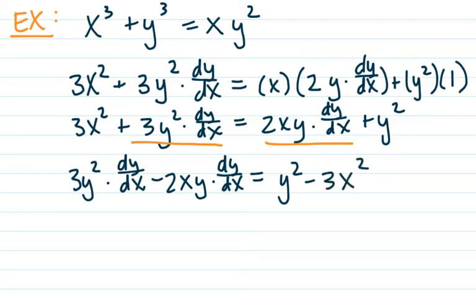Okay, so we're just getting our terms together that have our dy over dx so that we can factor it out front. So GCF here, they both have this term. So dy over dx times, that leaves 3y squared minus 2xy in parentheses.